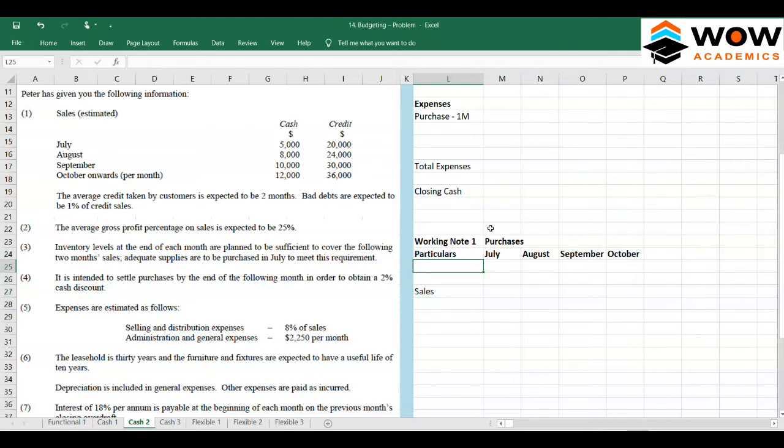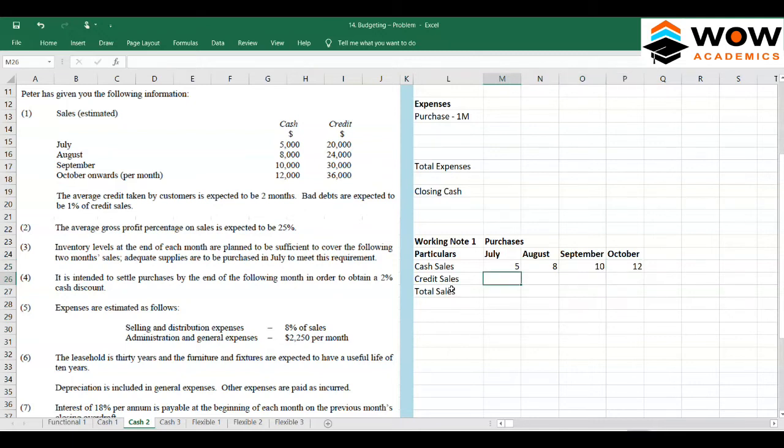First we'll take the cash sale. On the credit sale, we'll total it first. So thereafter we can get the total sale. So cash sales is 5, 8, 10, 12.